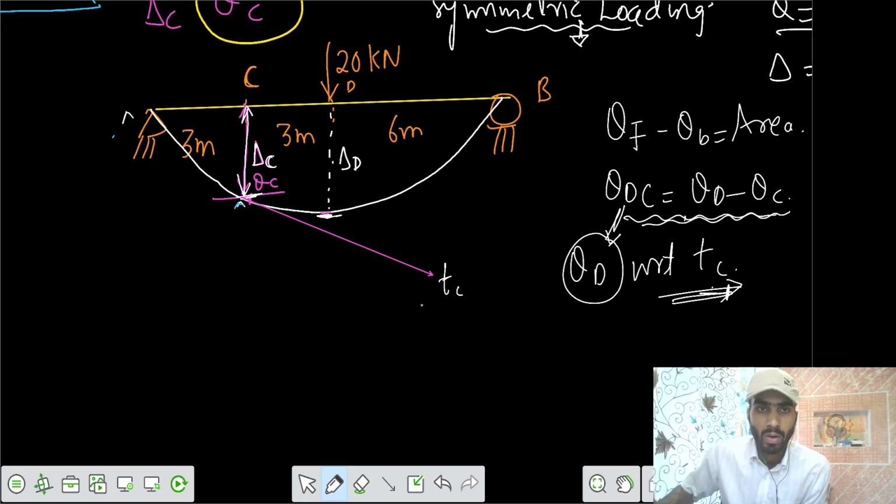Now here the theta is 0. So this is our reference. This is our point where theta C equals 0. Theta D equals 0. Now you have to say what is the value of theta DC.